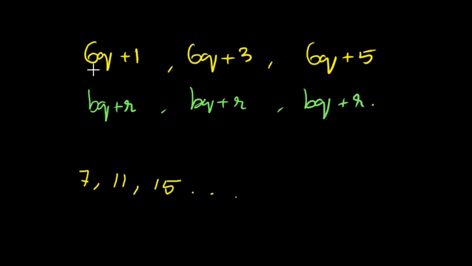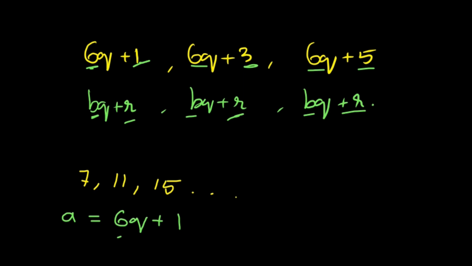Now अब हमें दिया गया है 6q plus 1, 6q plus 3 and 6q plus 5. अब ये फॉर्म bq plus r से सिमिलर है, जहाँ पे b is 6, r is 1 over here, r is 3 over here, b is 6, r is 5 over here. मतलब कोई भी ऑड इंटीजर a equals 6q plus 1 के फॉर्म में होगा या फिर 6q plus 3 के फॉर्म में होगा या फिर 6q plus 5 के फॉर्म में होगा.